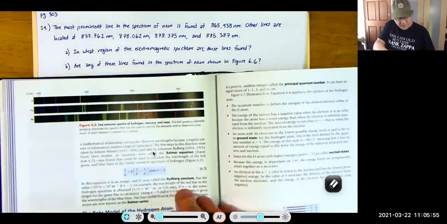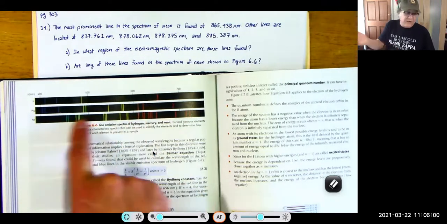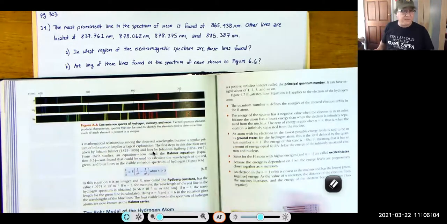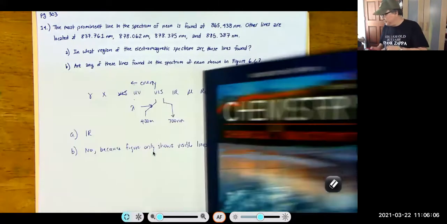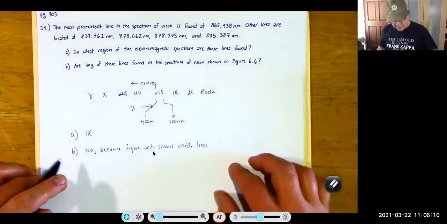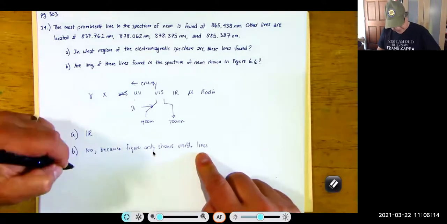And here's figure 6.6. Here's neon, and you'll notice these are all visible lines, so none of these are being shown. And that goes from 400 to about 700 nanometers. Okay, so are any of these lines found in the spectrum of neon? No, because the figure only shows visible lines.